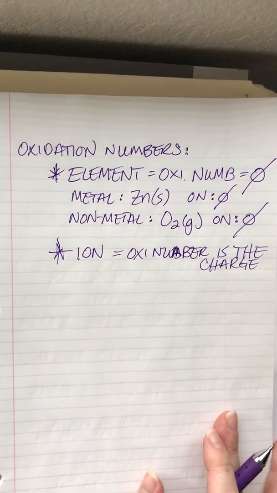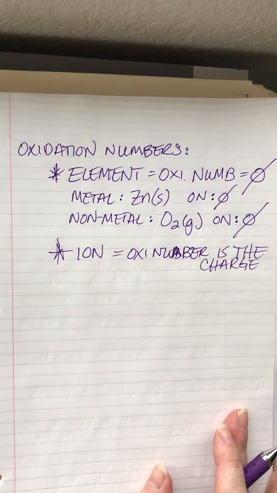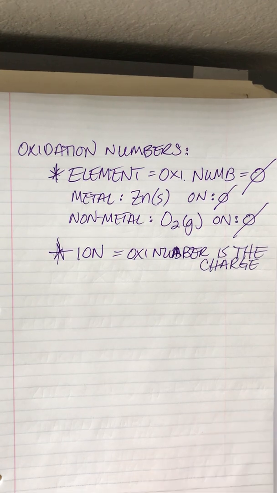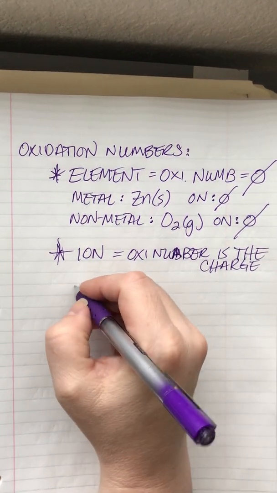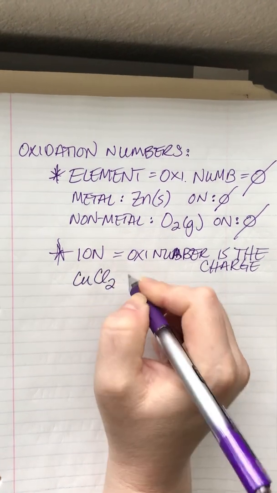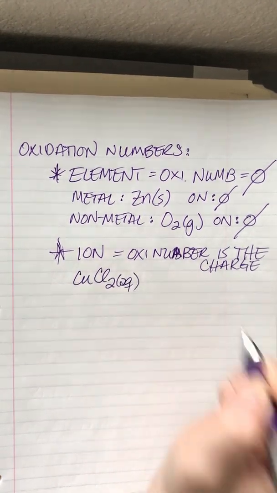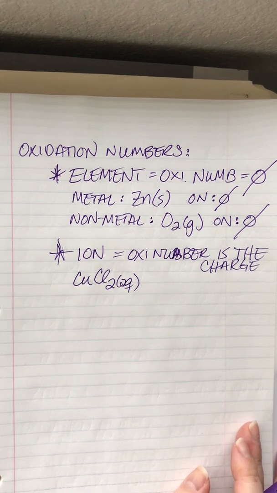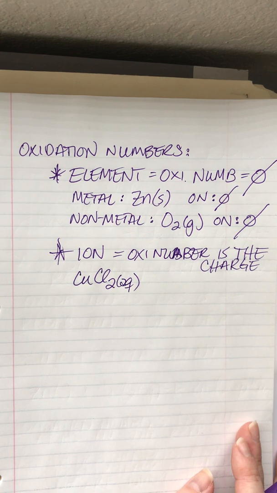So anytime you have an ion, the oxidation number is the charge. So we were looking at this ionic compound, right? How do I know it's an ionic compound? It has a metal and a non-metal. Exactly. Is everybody with me on that?